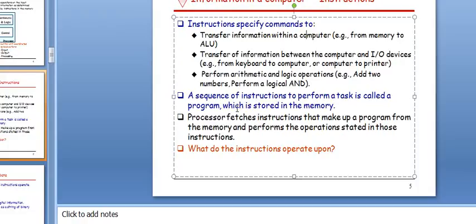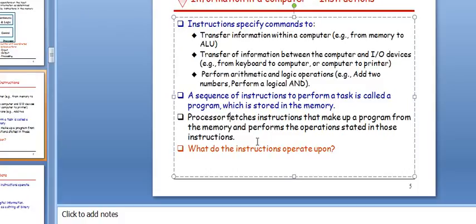The instruction specifies commands to transfer information within a computer, that is memory to ALU, or transfer of information between the computer and IO devices, that is from keyboard to computer or computer to printer. Likewise, if I want to print some pages, I send a command to the printer through the computer. Likewise it performs arithmetic and logical operations like addition, subtraction, division, multiplication, and all logical operations also, and the arithmetic operations we can easily perform through it.